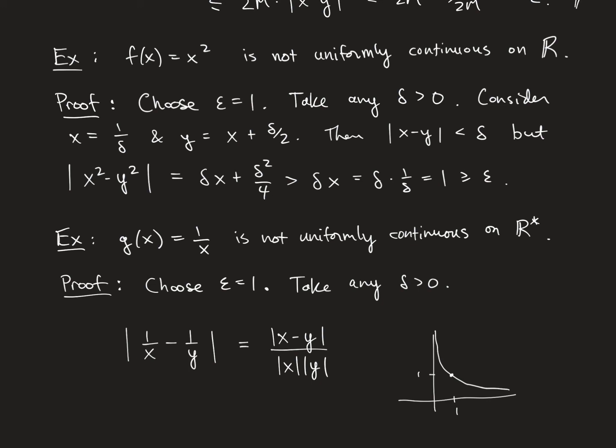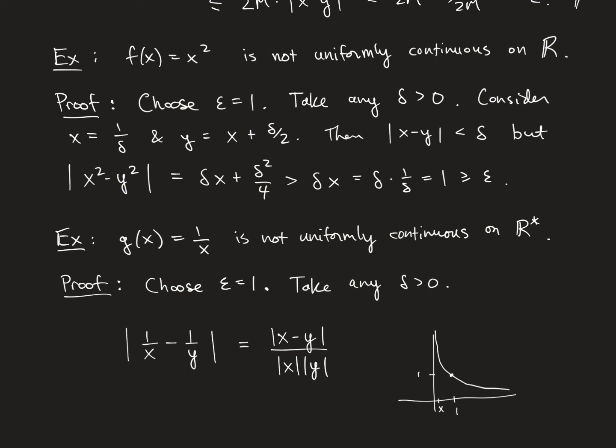So let's see here. There's kind of two cases. The generic case is when this delta is really small, and in that case, we're going to have to make sure we take our x very close to 0, and then our y very close to that x to make this all work out.